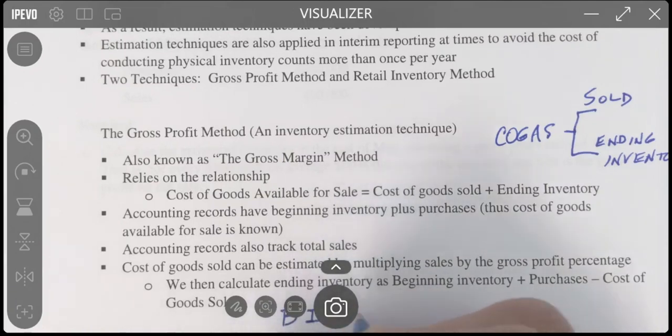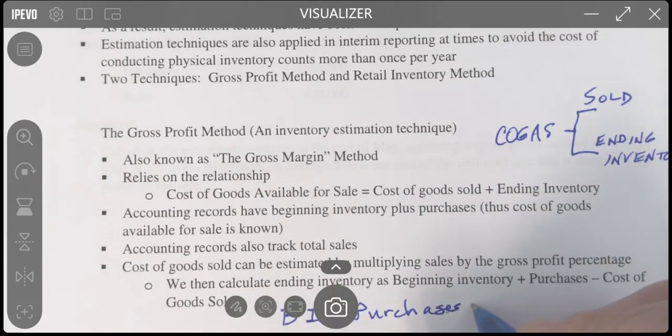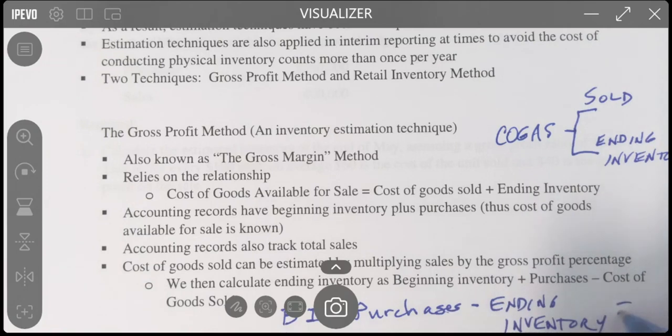Beginning inventory plus purchases is cost of goods available for sale, minus ending inventory equals cost of goods sold.